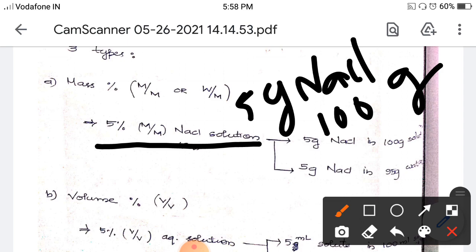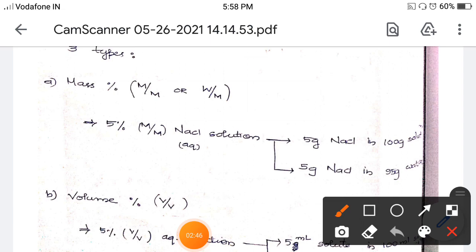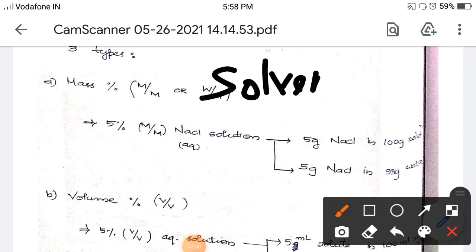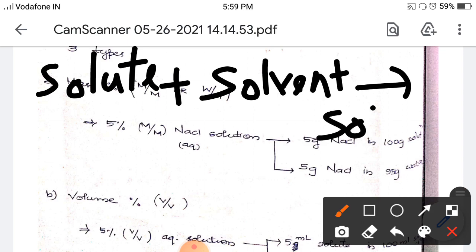We already know that in a solution, solute plus solvent is the solution.